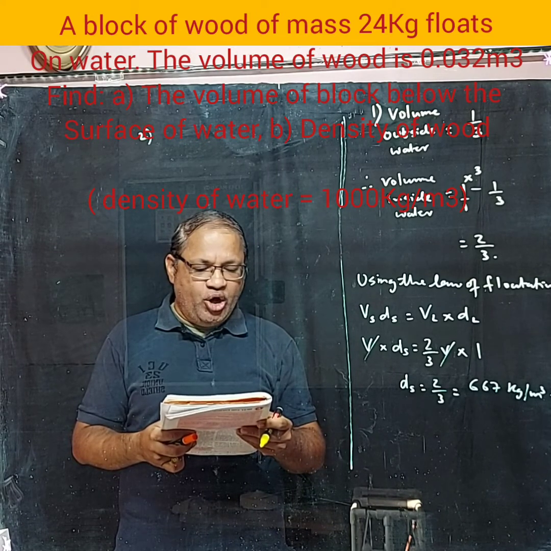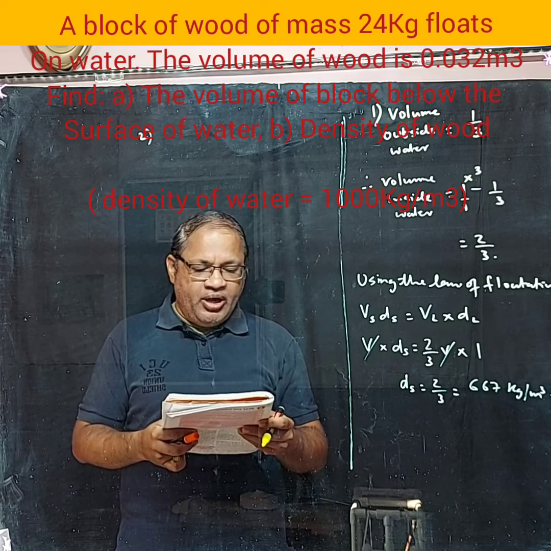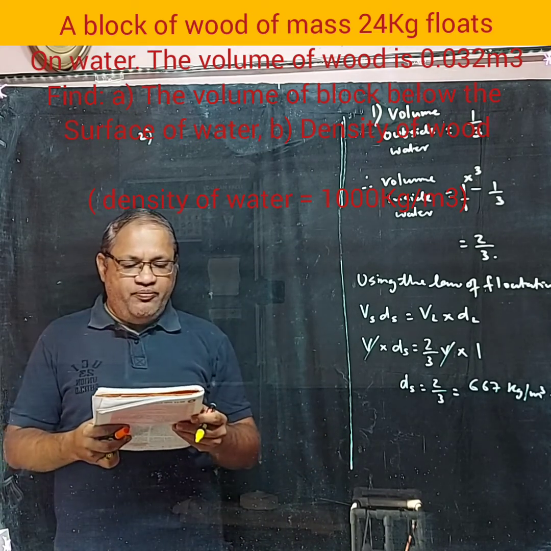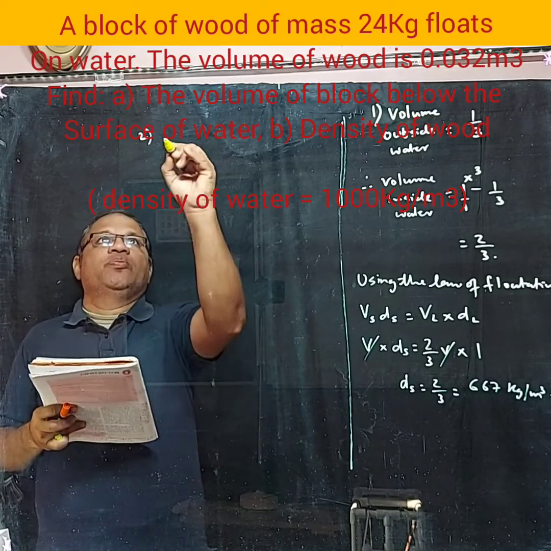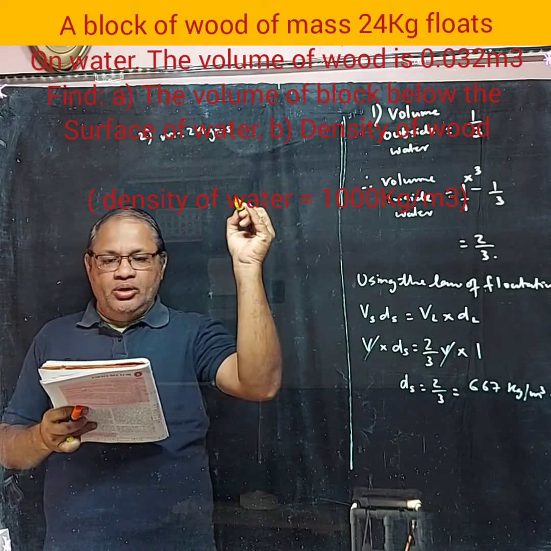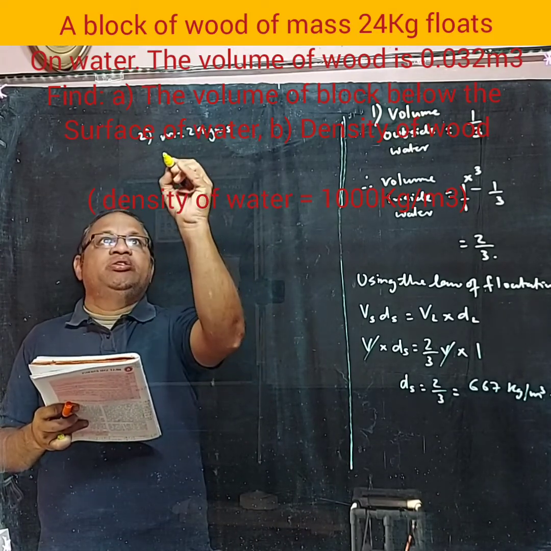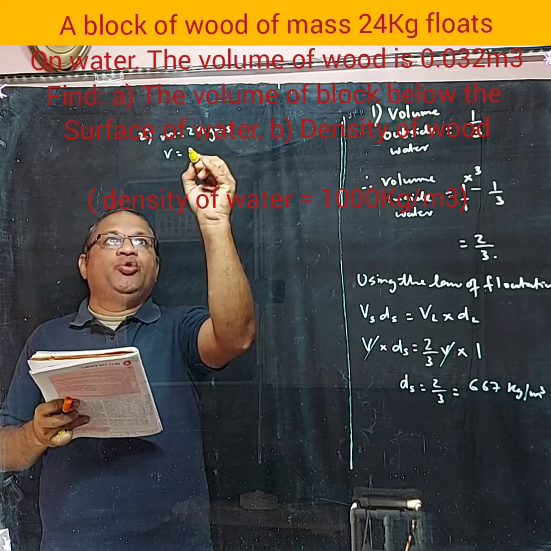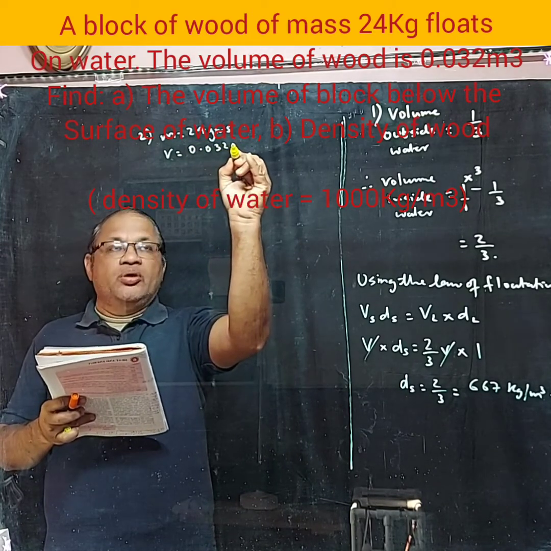Find the volume of the block below the surface of the water, and the density of the wood. So the mass is 24 kg, and the volume of that wood is 0.032 meter cube.